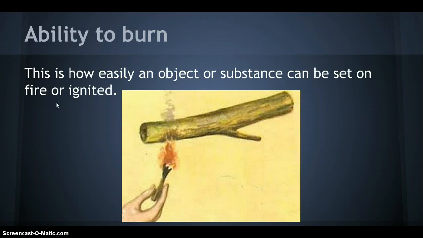So, for example, a paper towel or a piece of paper tends to burn very fast compared to a piece of wood or a tree. Depending on the chemical composition of the object you have, the burning will be slower or faster.